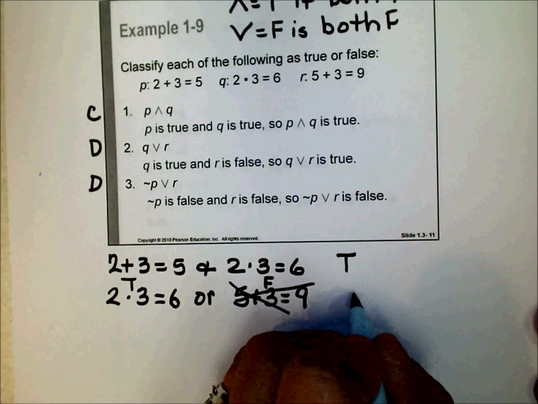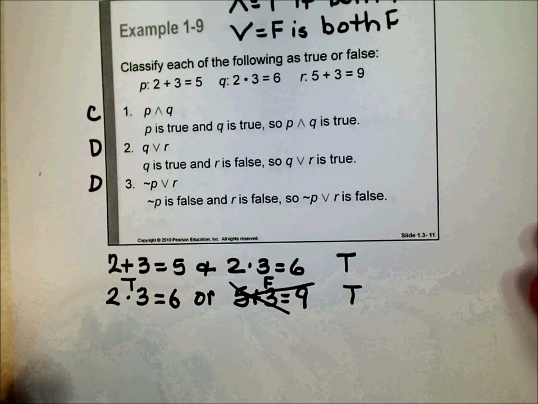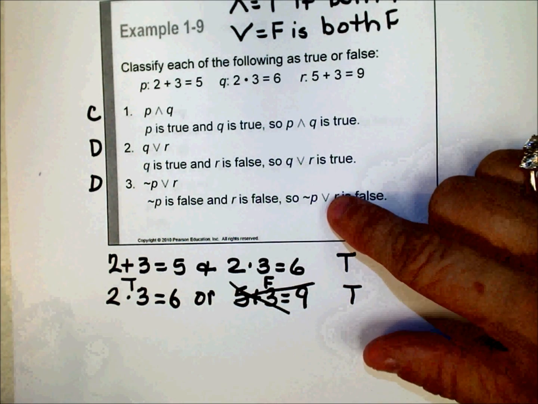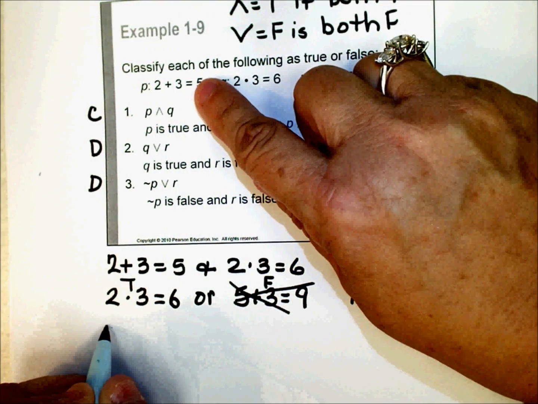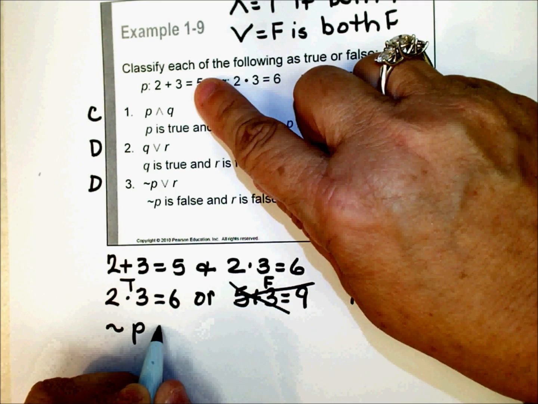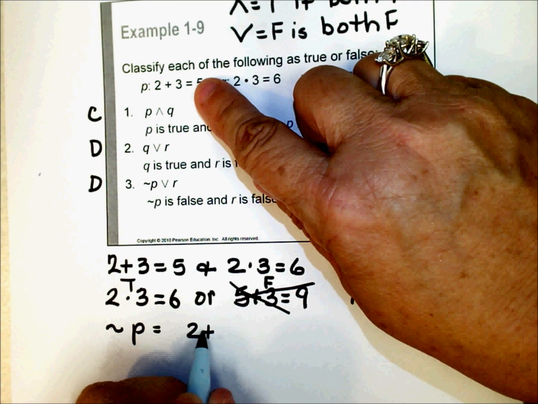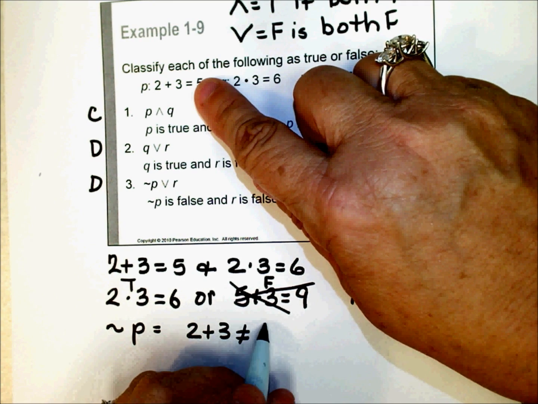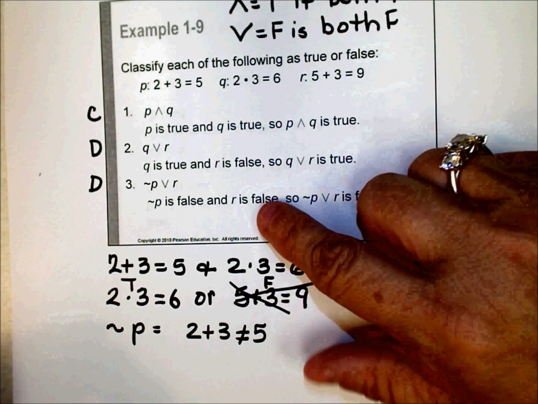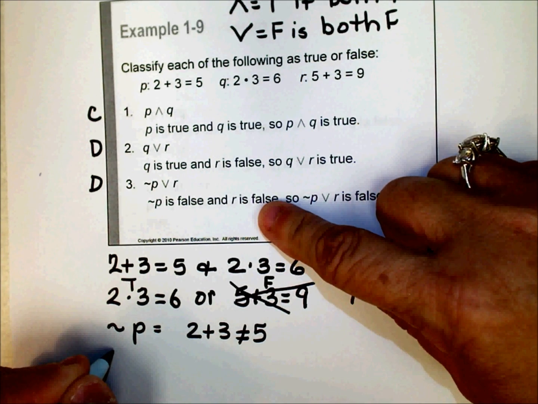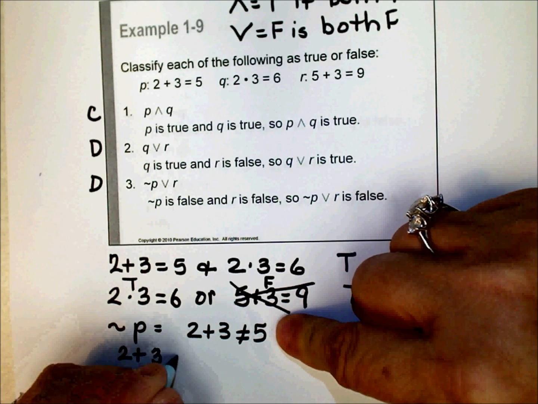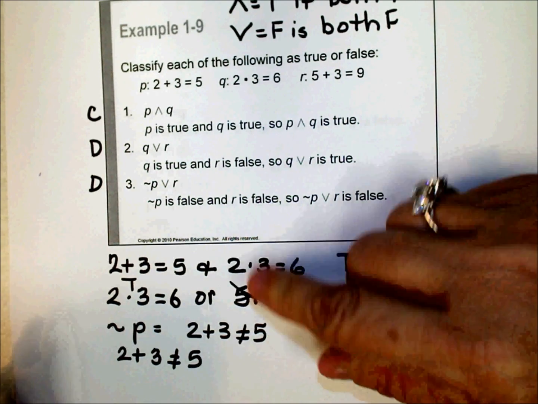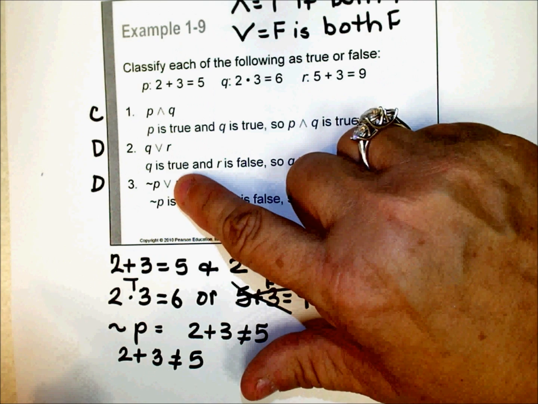And then the last one, it says the opposite of P. So the opposite of P would be 2 plus 3 is not equal to 5. And it's a disjunction again.